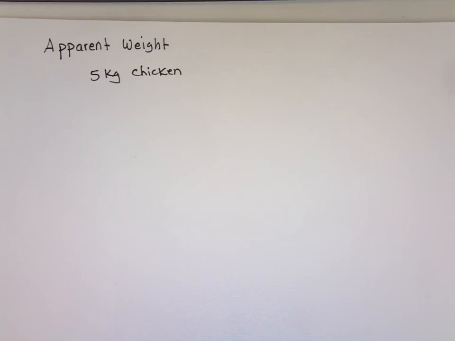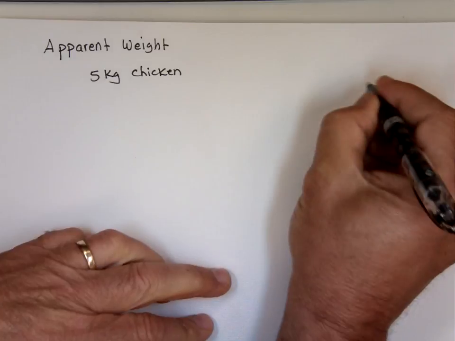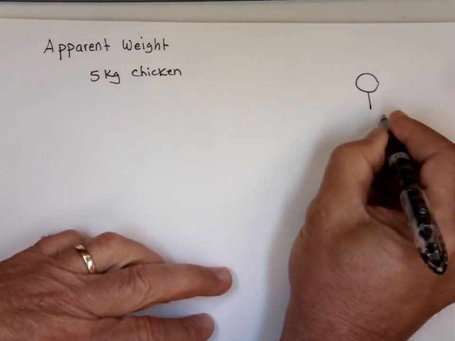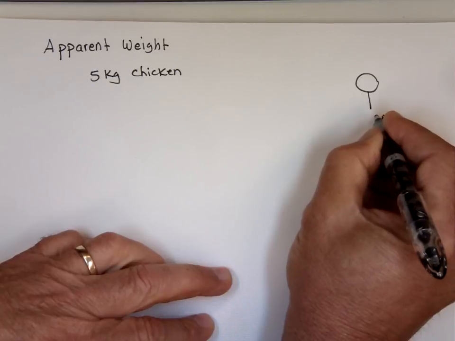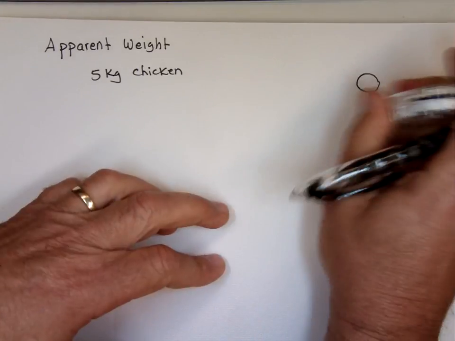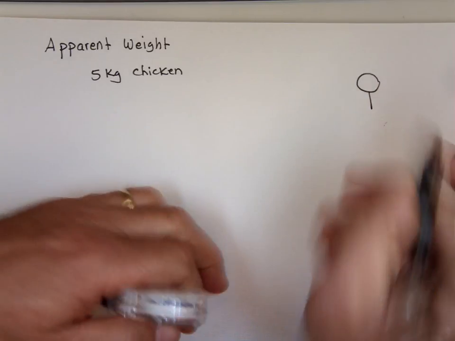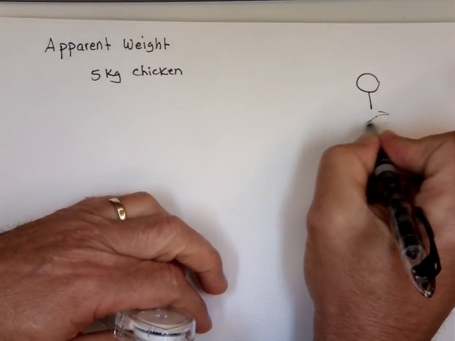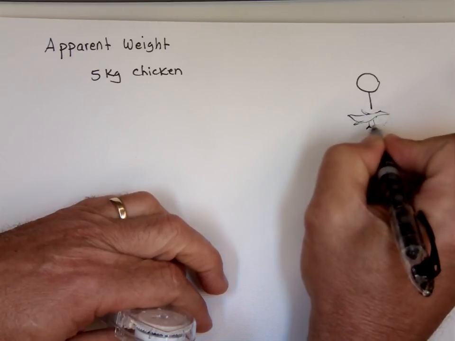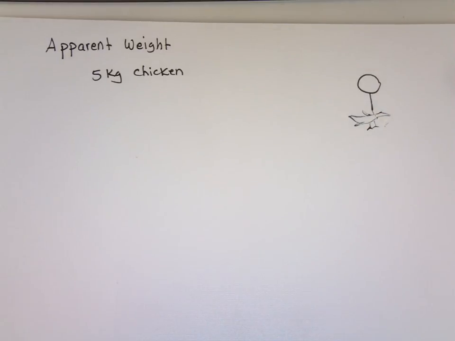So there's my scale here, and this is my chicken hanging from it. Well, a chicken doesn't have four legs. Let me draw a chicken here. Looks like a duck, but that's okay. And the scale says we got 5 kilograms here.